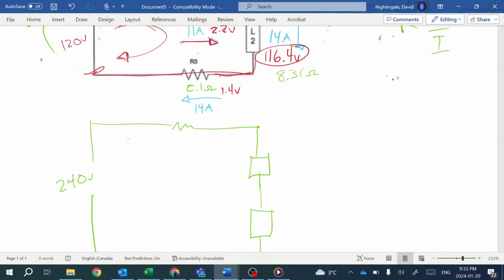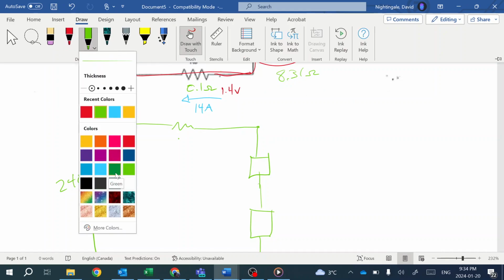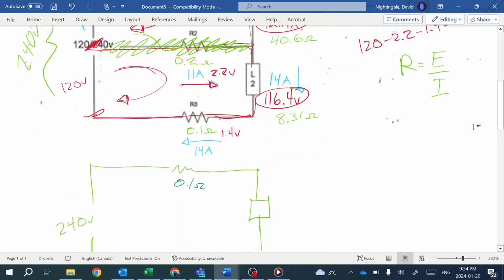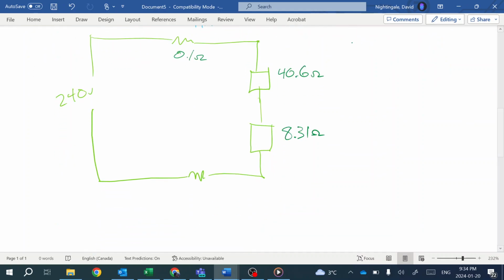So again, our resistances do not change. So 0.1 ohms. Our resistance on load 1 was 40.6 ohms. On load 2, 8.31. And our line resistance was 0.1.